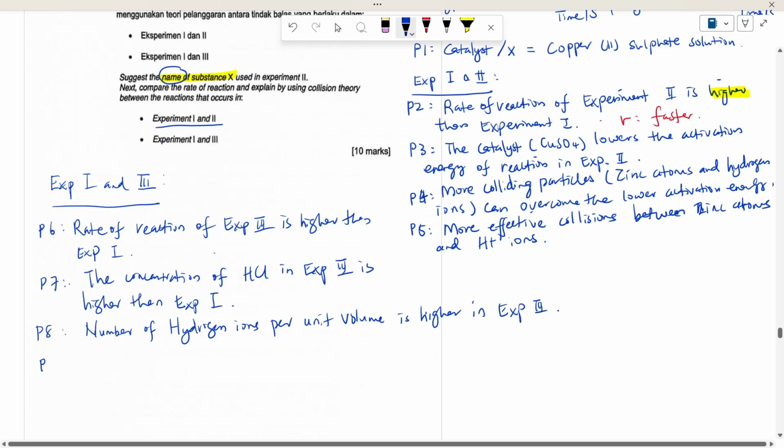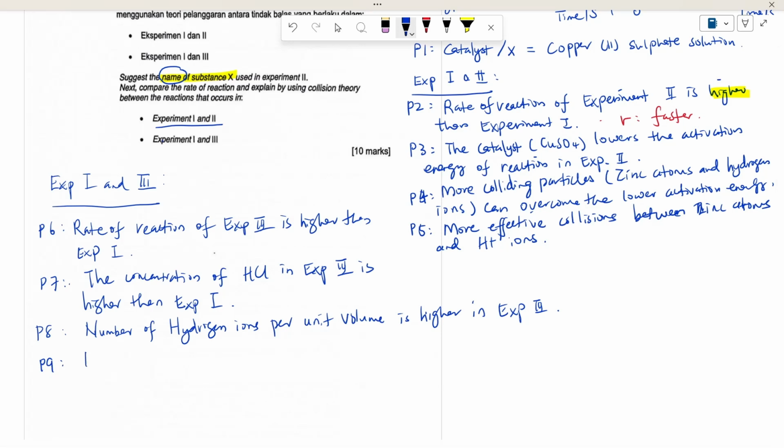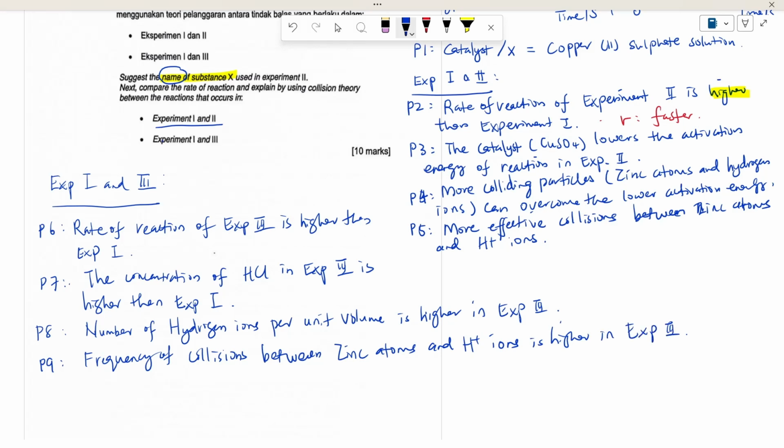Point number 9, the frequency of collisions between zinc atoms and hydrogen ions is higher in experiment 3.